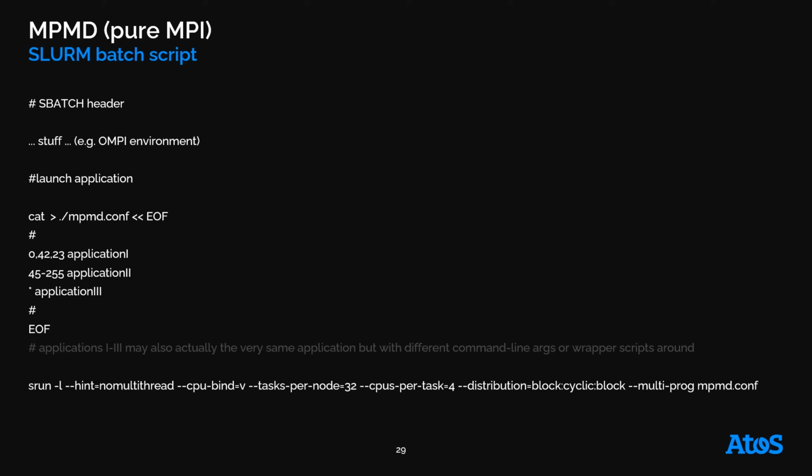First of all, there is an asterisk. This asterisk takes every rank that is not specified otherwise, and the otherwise is that you either put comma separated lists of ranks or a range of ranks there, and each line is per application.